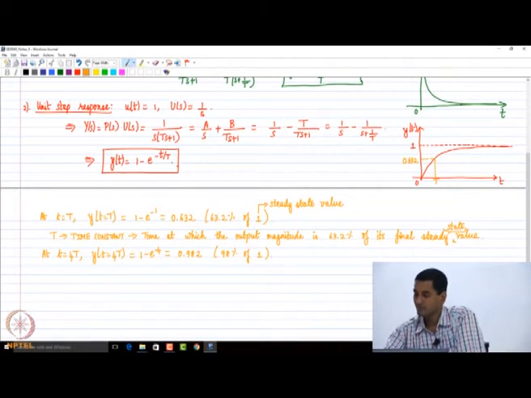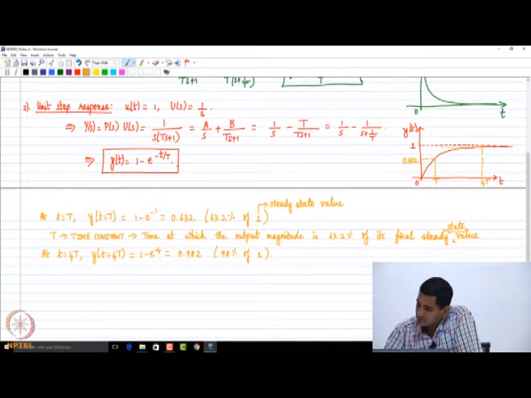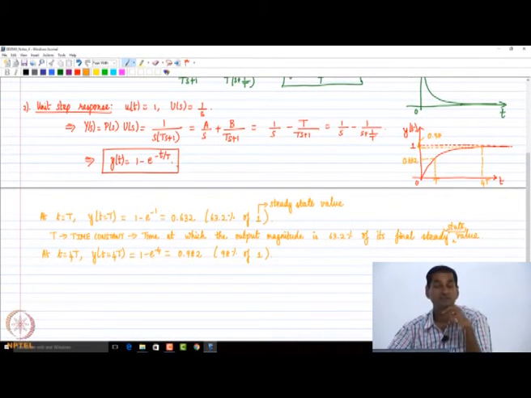So as I go to a time which is 4 times capital T, the output value becomes around 0.98, which is essentially 98% of the final value.